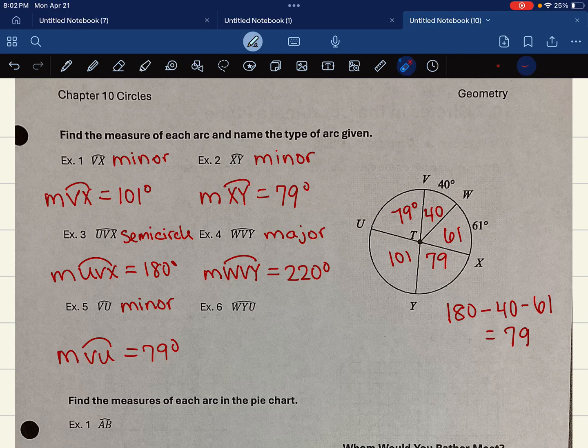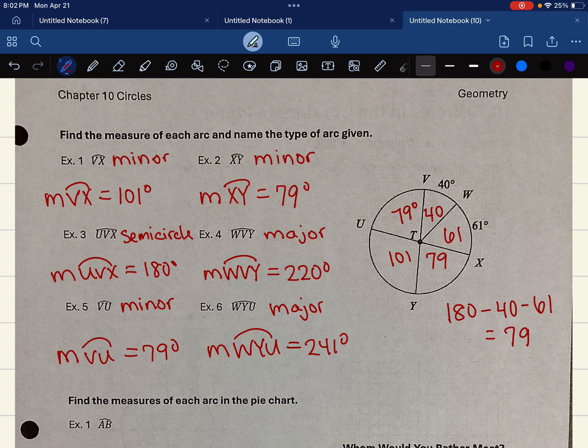Okay, last one, WYU, W to Y to U. So same thing, we're adding 61 plus 79 plus 101. The measure of WYU should give us 241, which is also a major arc.